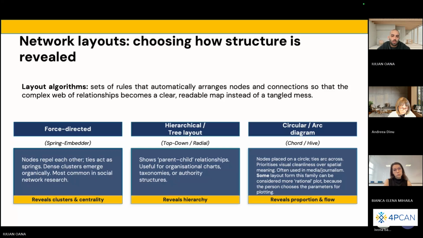Another family are circular or arc diagrams, where the nodes are placed in a circular manner, and then ties are spread across this circle.